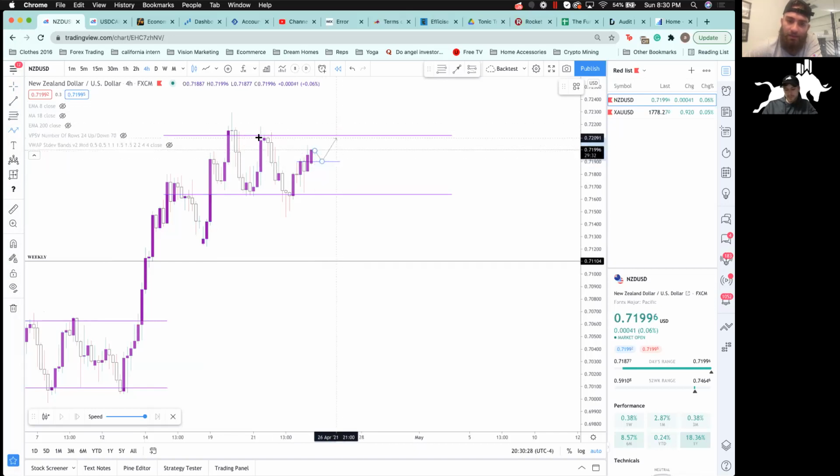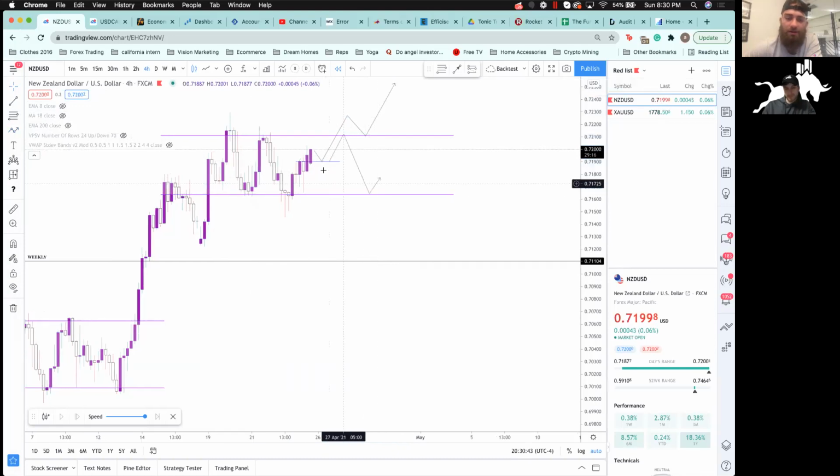Obviously, price is going to, around this area, either break and retest and go long, or price is going to come to this level, reject another time, and continue to play within this range. So these are the two scenarios right now. Right now, it's certainly bullish. It's going to push up into this level, another 10 pips or so.